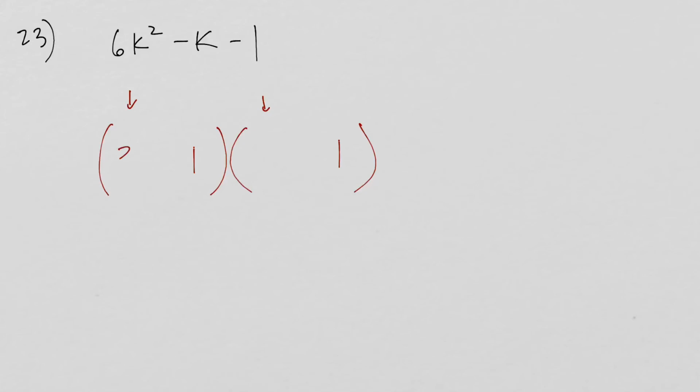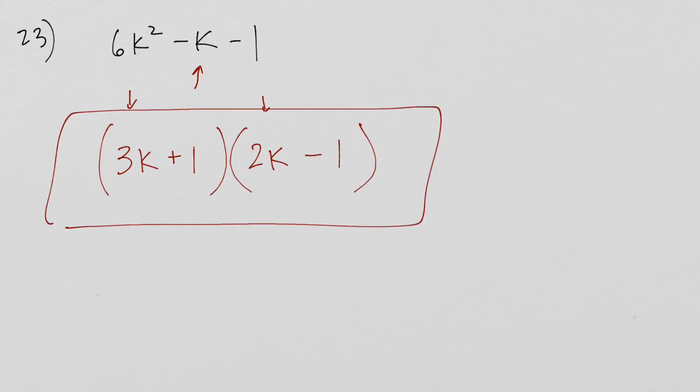Well, I've got to have a 3k and a 2k. My outer will give me 3, my inner will give me 1 or 2, and that will give me a sum of 1. So if I put the negative here, that's going to be a negative 3k on the outside, a positive here, that'll give me a positive 2k on the inside. That adds up to my negative 1.